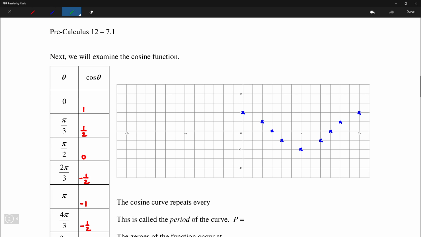So if we were to do the same thing again, connecting the points with a smooth curve, we have the cosine function like this. Sorry for that last part. That's better. Okay, so the same thing will also be true going from negative 2 pi to 0. So it will look like this.